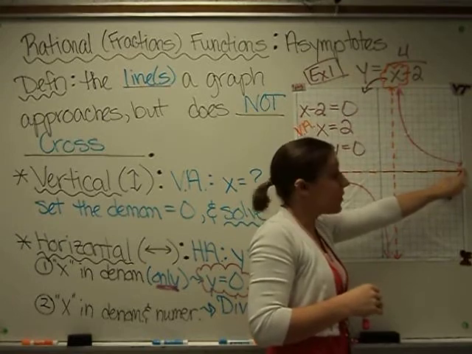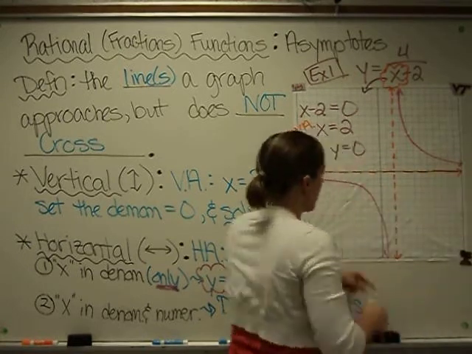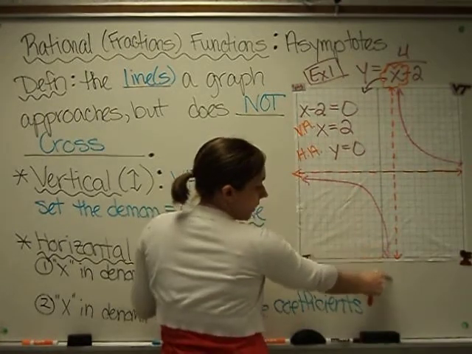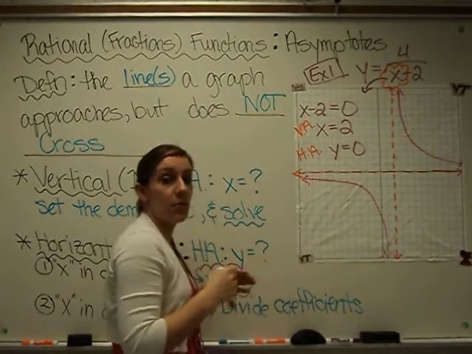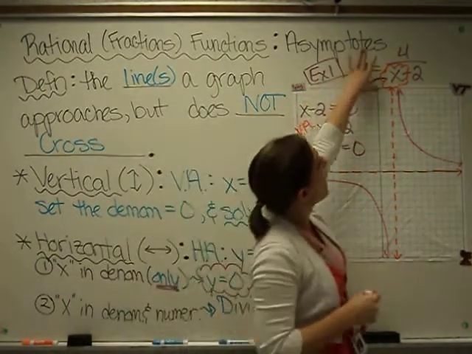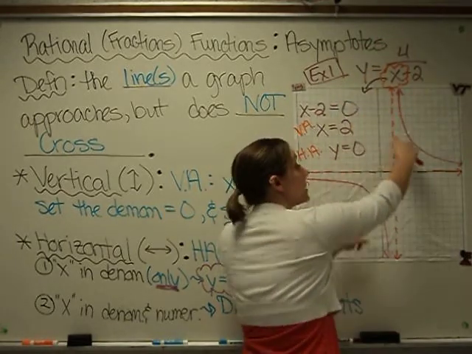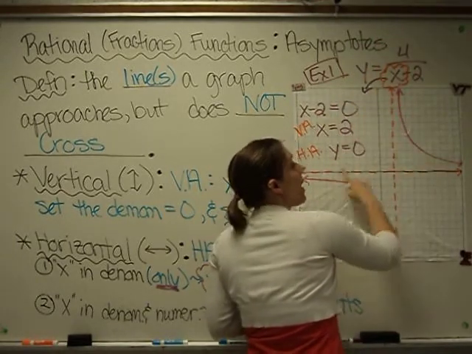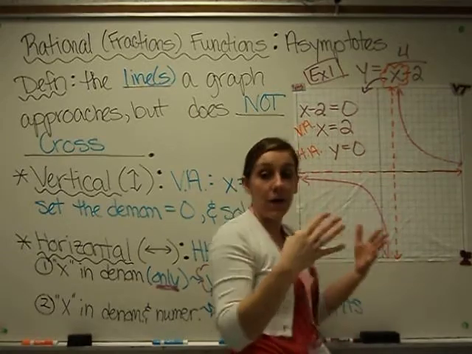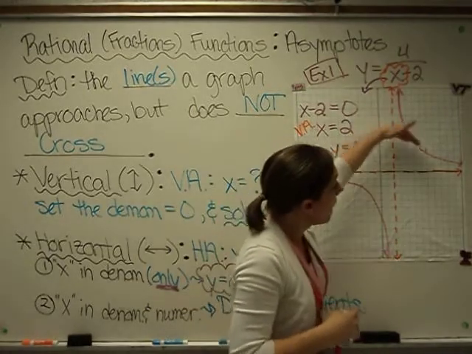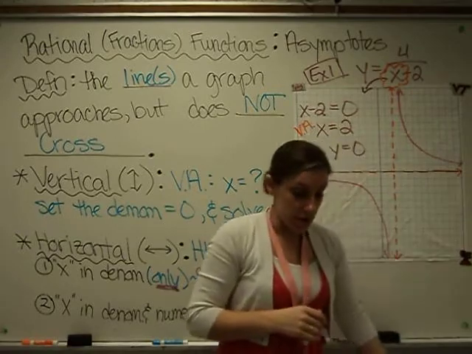The line's going to keep going, but it's going to get really close, never going to touch. Same thing here. It'll get close, but it will never touch. And if you were to put this into your calculator, 4 divided by, put parentheses around that, you'd see it going in those 2 corners, and these are the boundaries. Those asymptotes tell you how close you get, but you don't cross.